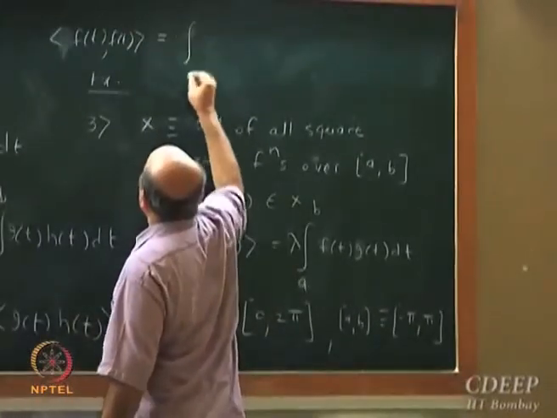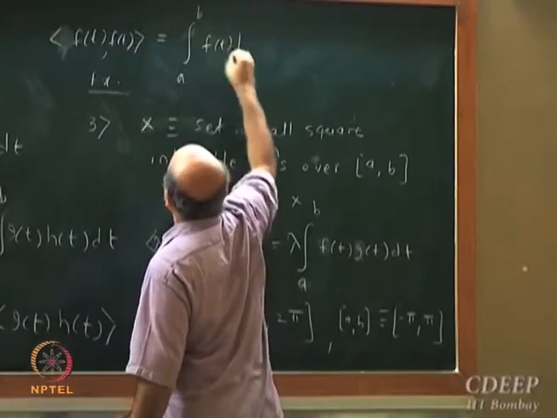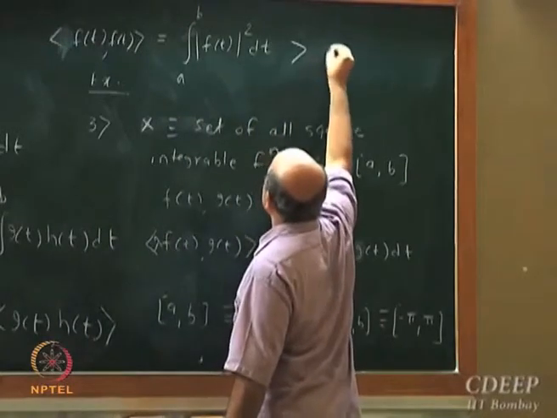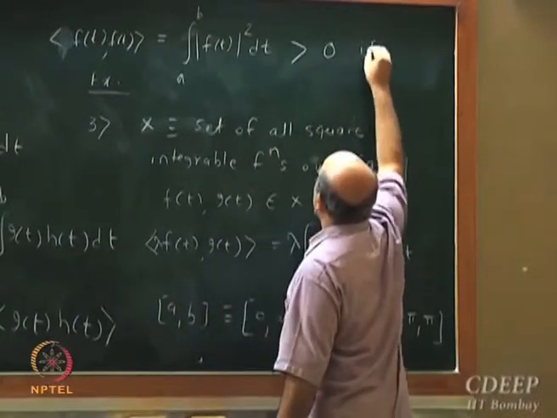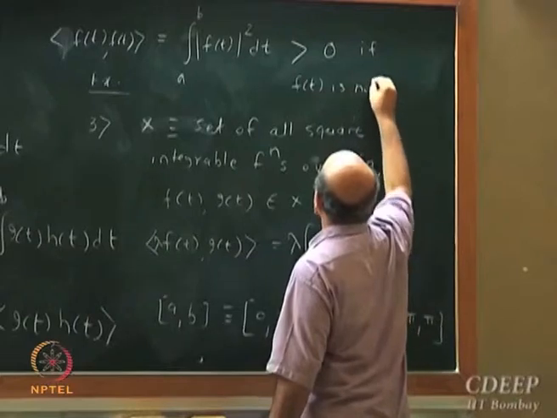This is nothing but the integral from a to b of f(t) squared dt, which is always greater than 0 if f(t) is not a zero function.